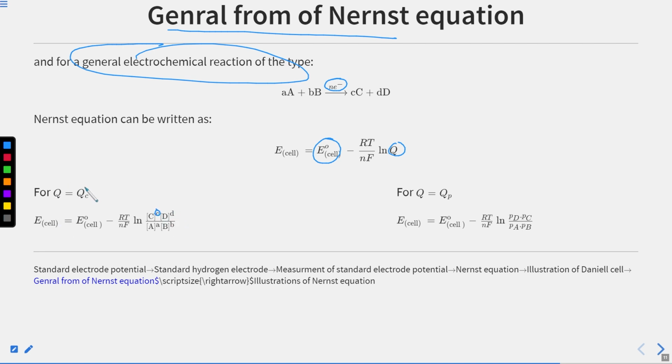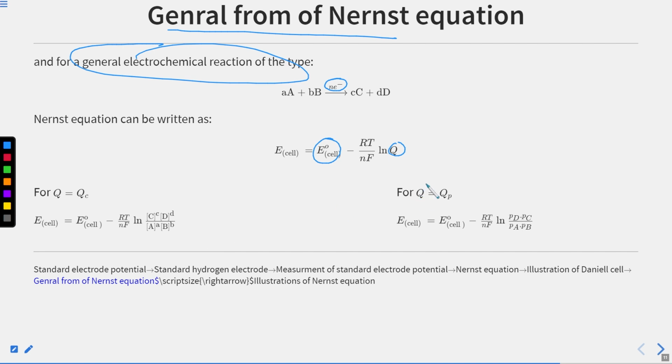Since we are considering Q equal to Qc, we write E cell equal to E0 cell minus RT by nF, then we know what Q is. If you remember from your 11th class theory, we can write the reaction quotient as the concentration of C raised to the power of its coefficient, multiplied by D raised to the power of its coefficient, divided by A raised to the power of its coefficient and B raised to the power of its coefficient.